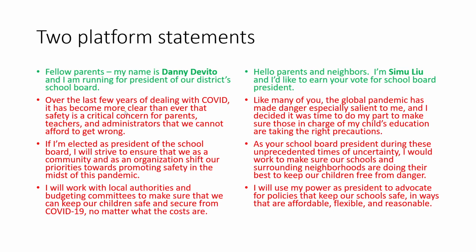So they were dealing with COVID and it became clear to them that safety was a concern. Same thing over here. So an event happened that gave them inspiration to run. And then this other statement afterwards is about their overarching goals if they were to be elected. And then finally, a little bit about how they would use their power or how they would accomplish those goals. What are the means that they would use, right?